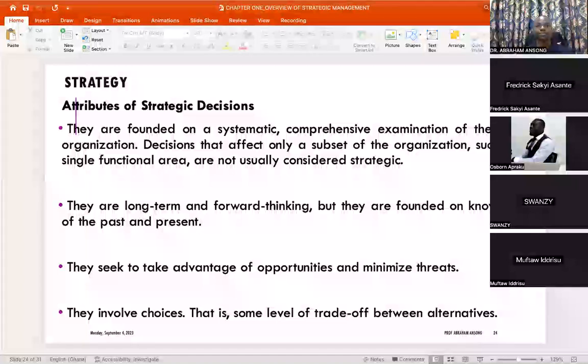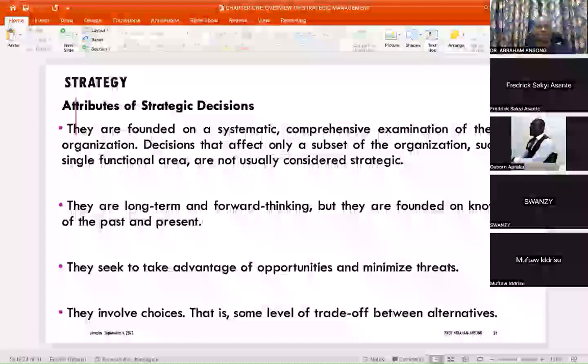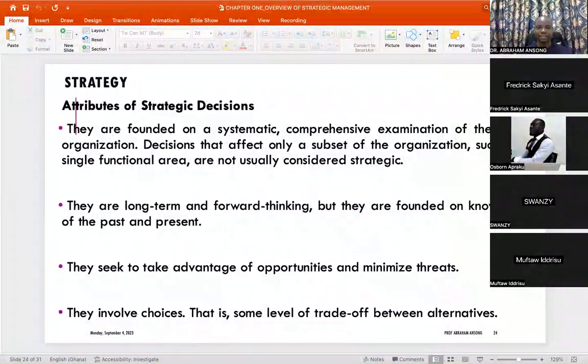All right. That is why under strategy evaluation, I told you that even when you achieve your objectives, you still have to go and review your past because the assumptions might have changed. The environment might have changed. So it's long-term, but relies on information from the past as well as the present in order to be successful.